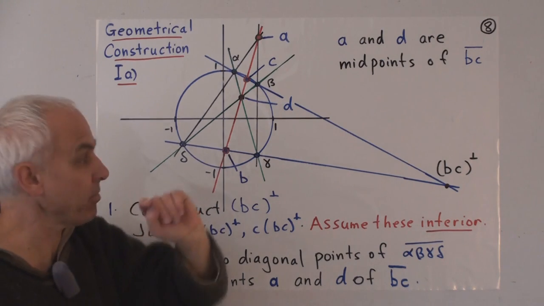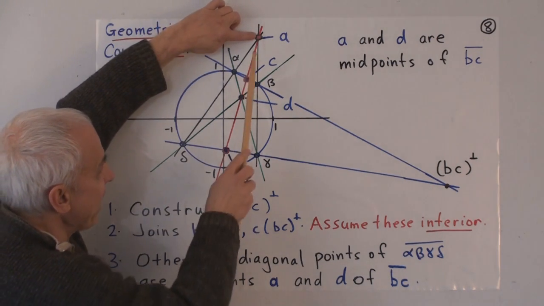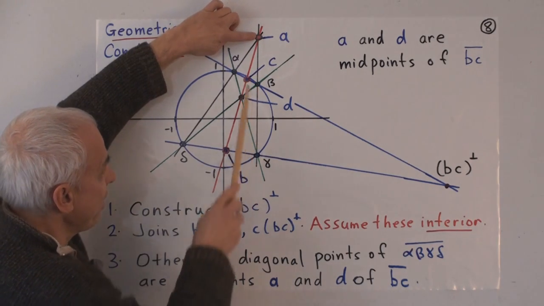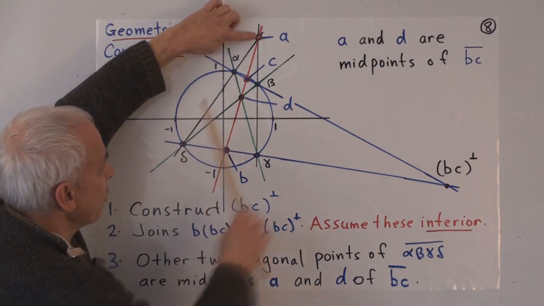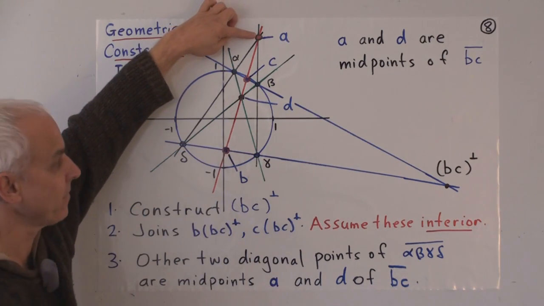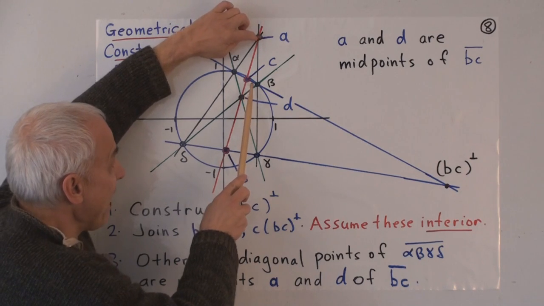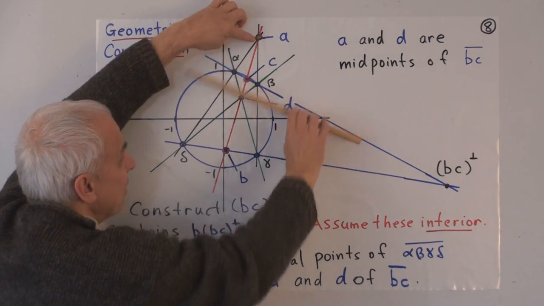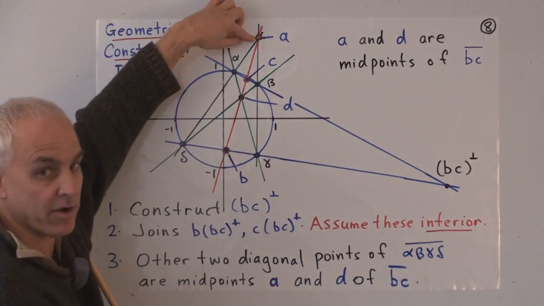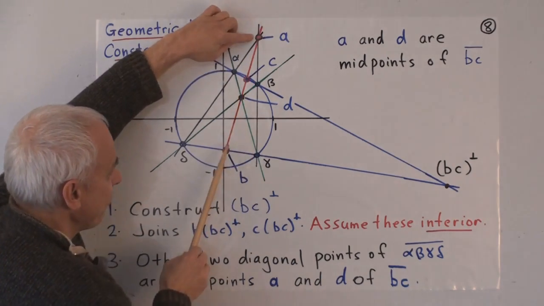And exactly the same argument holds for the point A. Let's just go through that. Reflection in the point A sends this point to this one to this one. So it also sends this line to this line. And that means that the point C, say, when we reflect in A, must lie somewhere on this line here. And it must also lie on this line, and so it must be this point.